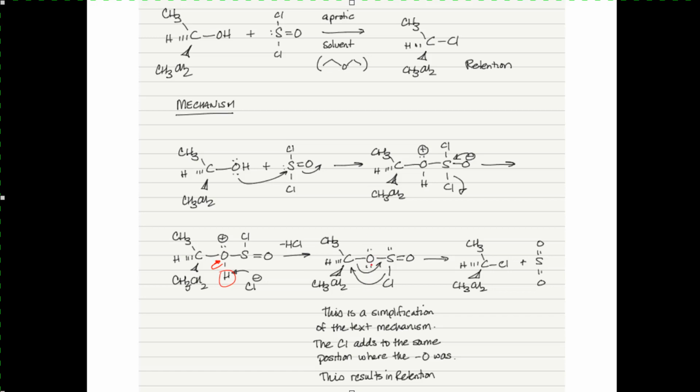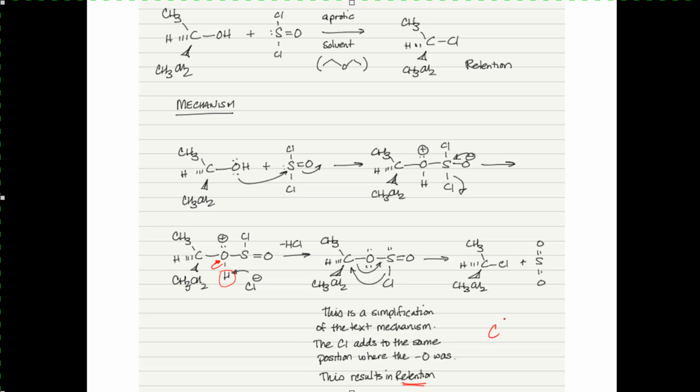Then what happens is, and the Top Hat book has a much more detailed explanation of this, the chloride that's attached to the sulfur will attack from the same face, the carbon-oxygen bond will break, and that pair of electrons will go to form an SO double bond. And so we end up with basically a retention of configuration.